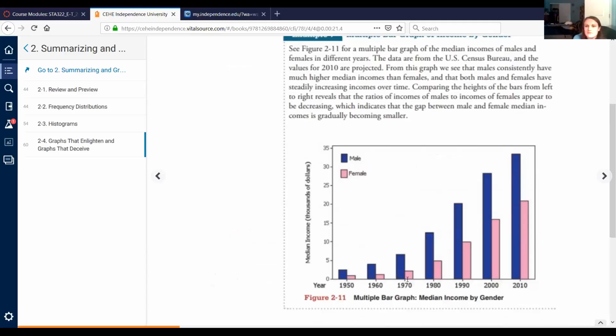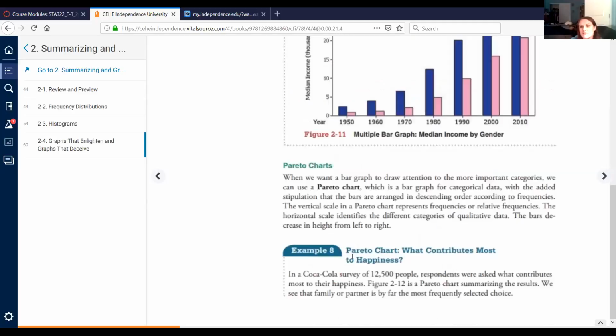We're comparing men and women, so we have different colors, and we're looking at decades. You can see that although both go up, it's pretty clear that women are gaining a little bit, but not near enough.